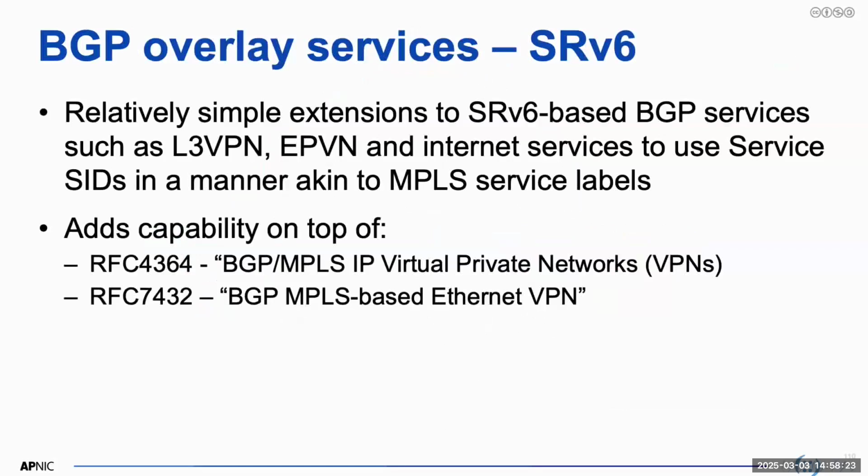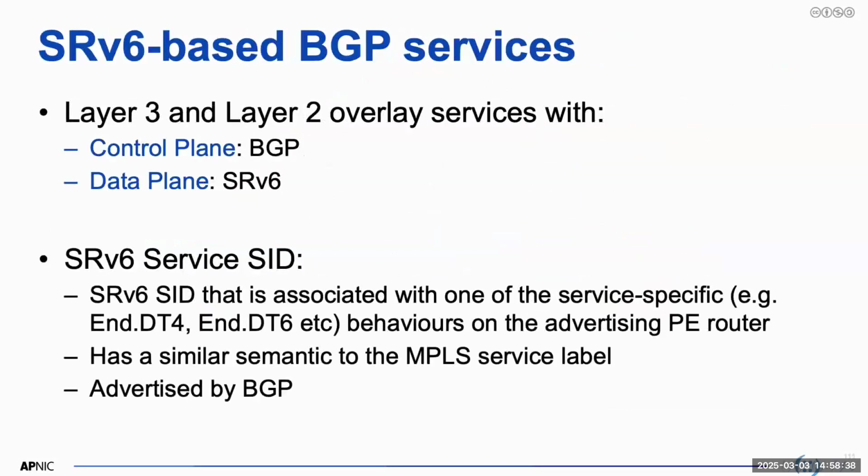These are the RFCs for the MPLS VPN, RFC 4364 and 7432. They describe the IP VPN and the MPLS-based Ethernet VPN. So we have Layer 3 and Layer 2 VPN overlay services.